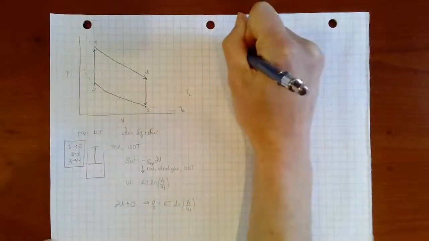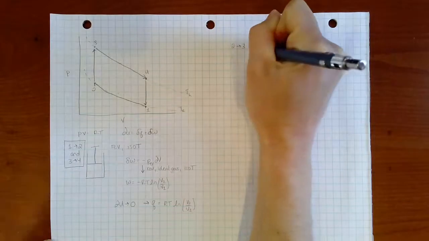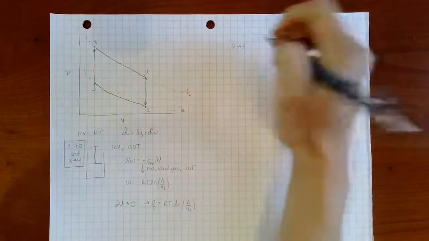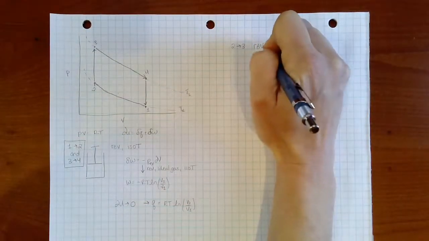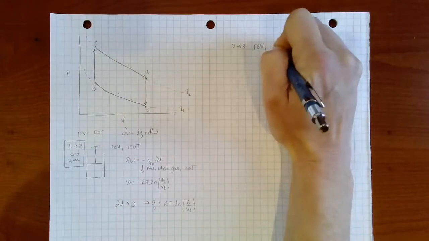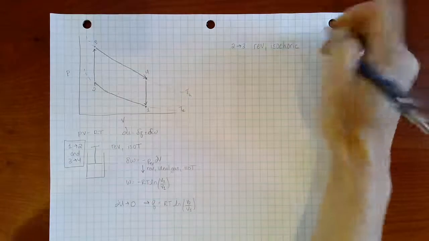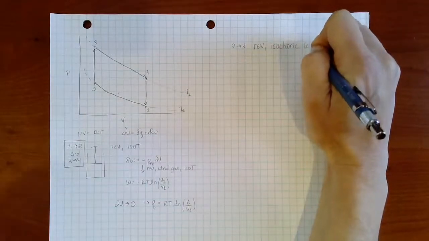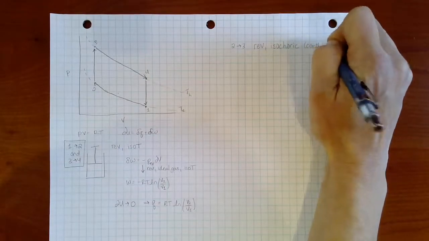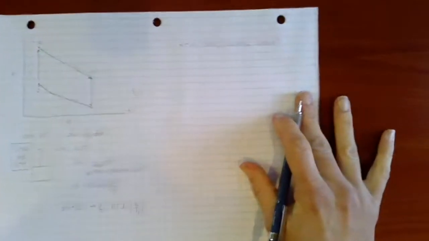For steps 2 to 3, this is again a reversible process, and now it's constant volume. Another word for that is isochoric, which means constant volume.